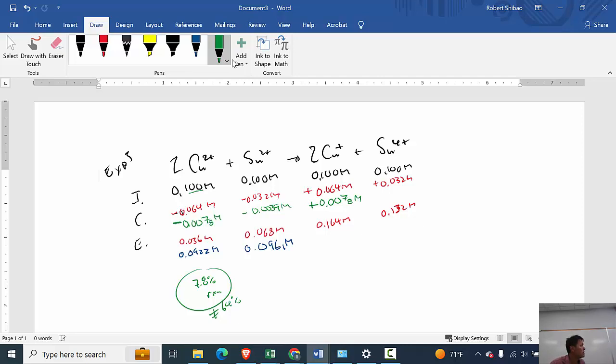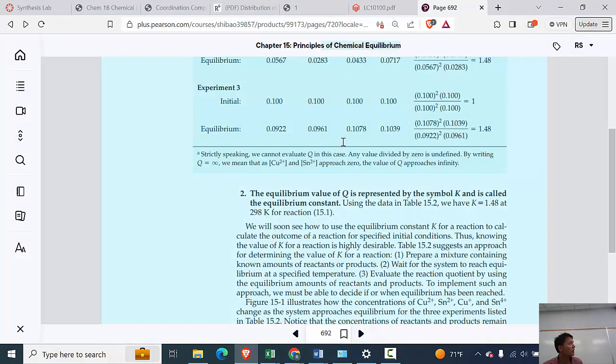And so what that means is I should have 0.1078 molar. Is that how much we ended up with in the experiment? So yeah, I have 0.1078. So the stoichiometry is holding.